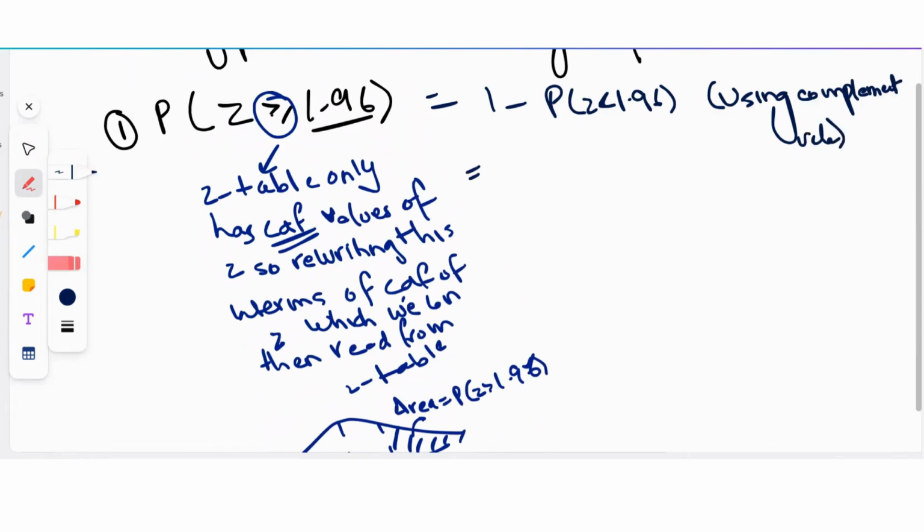And 1 minus this probability is essentially the definition of the CDF for Z, because remember, for a continuous random variable, it doesn't matter whether you write it as probability Z is less than 1.96 or Z is less than or equal to 1.96. The equal to sign does not matter, because for a continuous random variable, the probability of taking a specific value is 0.